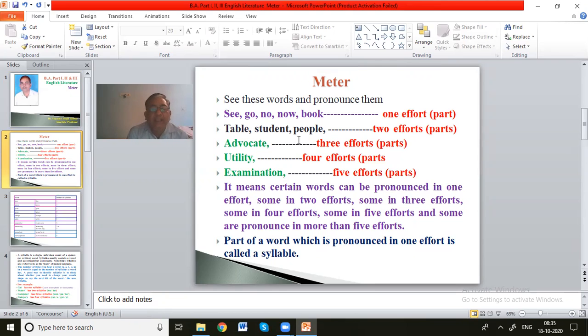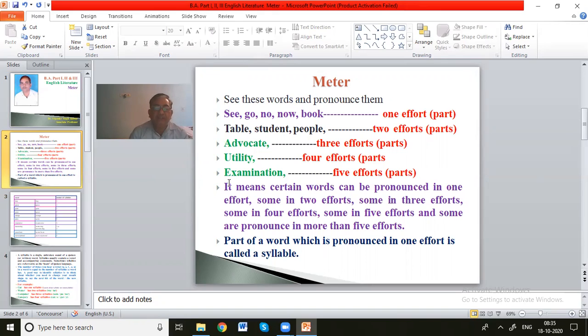Similarly, advocate, three parts. Utility, four parts. Examination, in five parts.